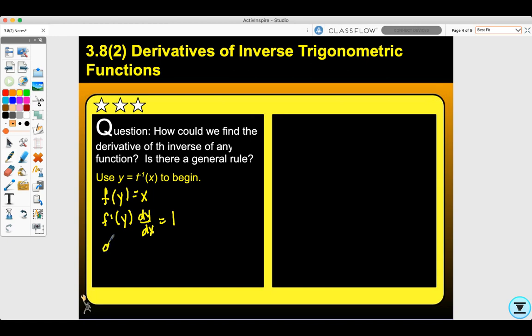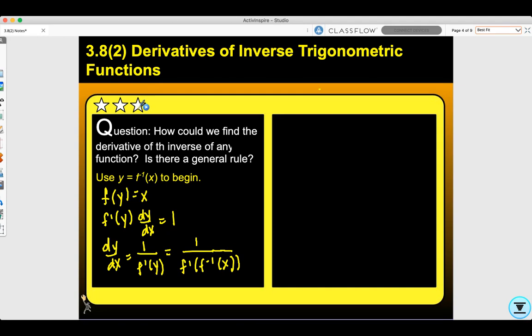And then I would have dy/dx equals 1 over f prime of y. And we know that y is f inverse of x. So I would get the formula 1 over f prime of f inverse of x. So we're going to use that formula for the next example.